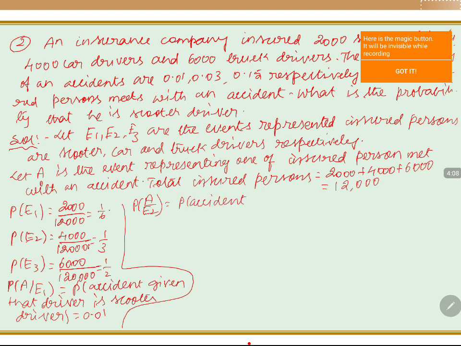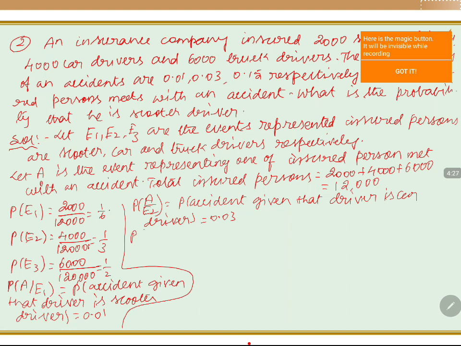While the next one is P of A by E2, where we can say the probability of the accident given that the driver is a car driver, we will write it as 0.03.